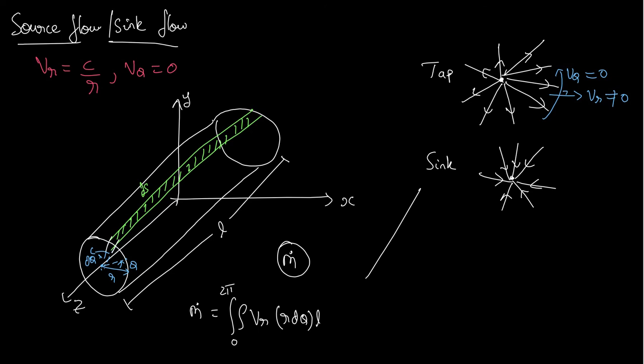Now that we have got the volume, this is what we have to integrate. If I take off the constants, we have r, L, and the integral from 0 to 2 pi is just d theta. So this implies we get 2 pi rho v r r L. So this is the mass flow rate.